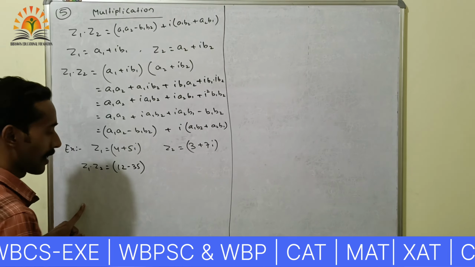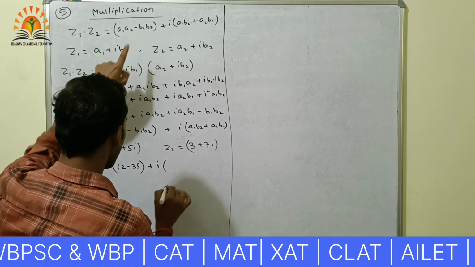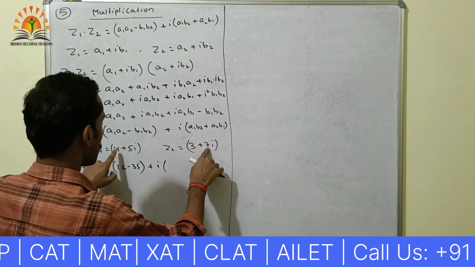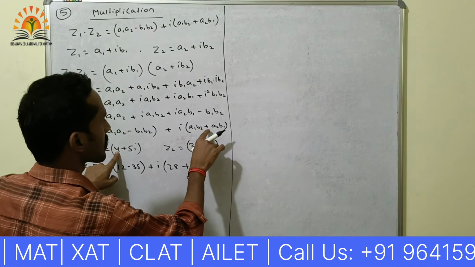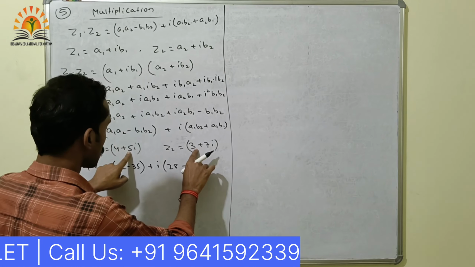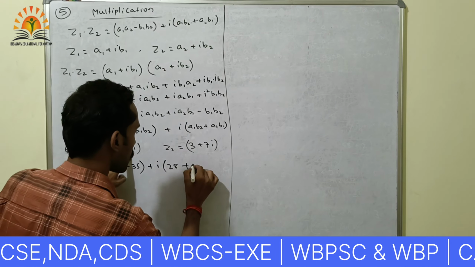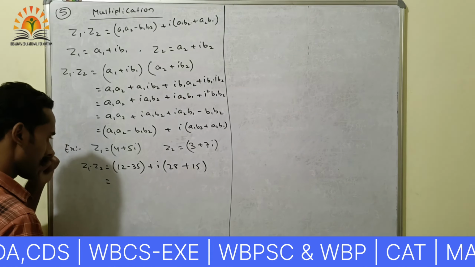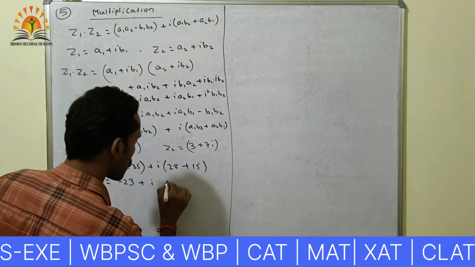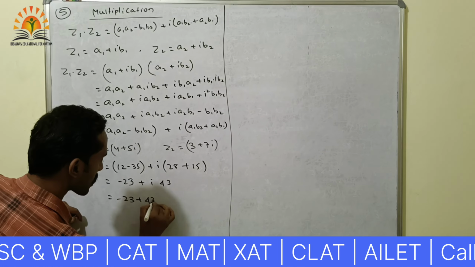So minus 35, plus iota (A1 B2, 4 sevens are 28, and plus A2 B1, 3 fives are 15). Now the answer is 12 minus 35, that is minus 23, and plus iota 43, that is equal to minus 23 plus 43 iota.